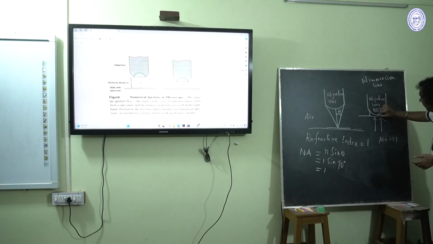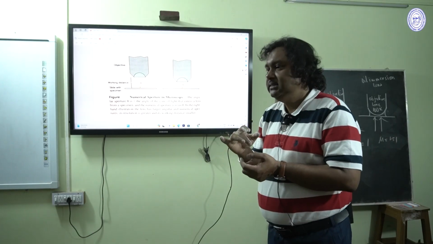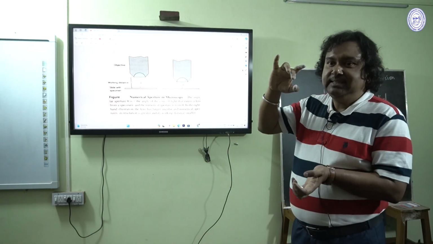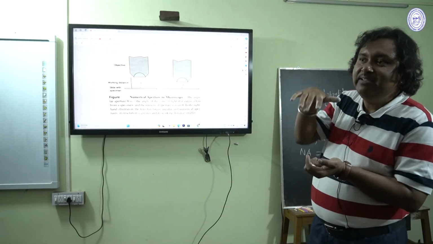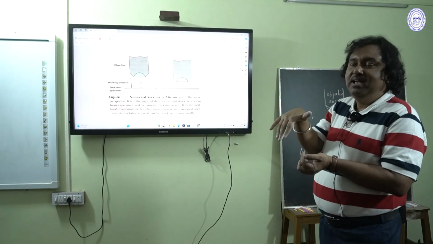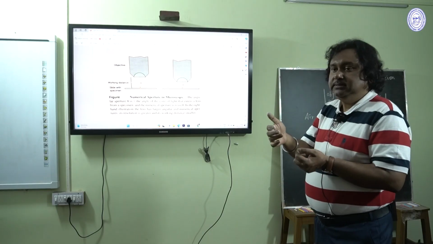In the case of 100x objectives, the length is much higher, and the lens is made up of elements. Elements means small lenses that are fused. So a lens with higher magnification will have a higher number of elements.